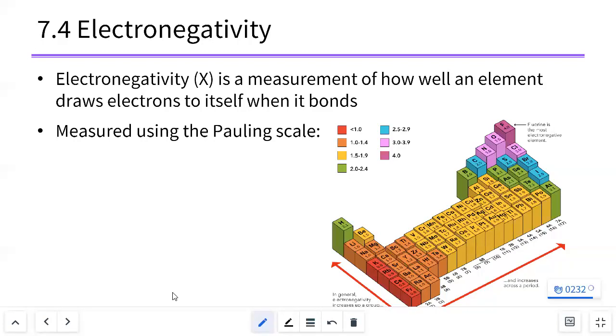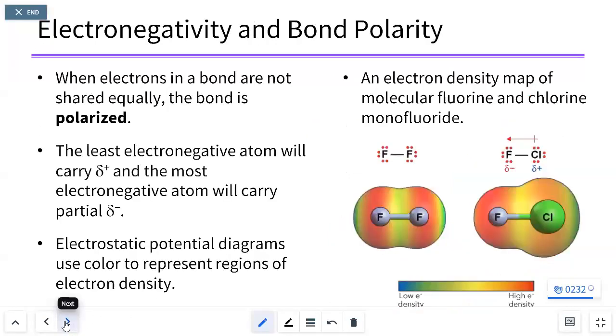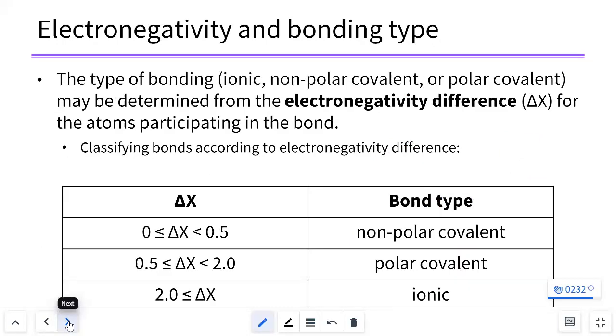Now, the Pauling scale here does attach a value to each and every element. Where that is useful to us is it helps us figure out what kinds of bonds might be made. We can do so using something called electronegativity difference. I'll come back to that in a second.